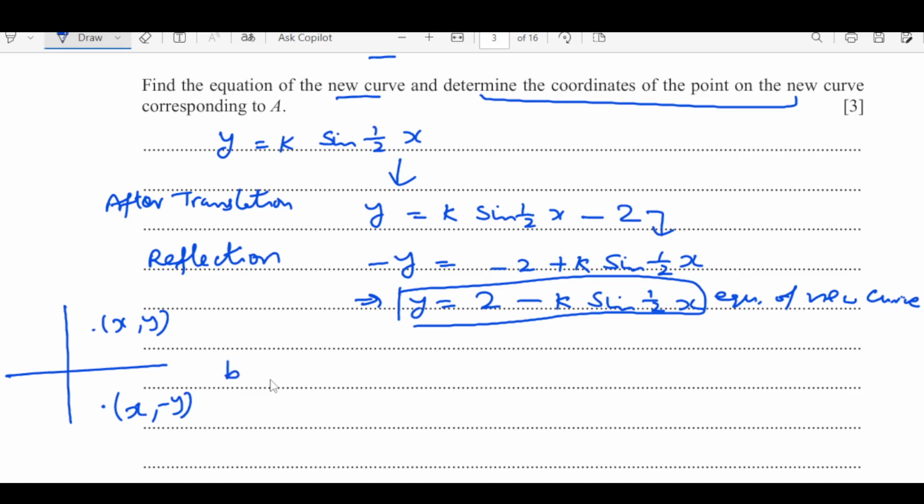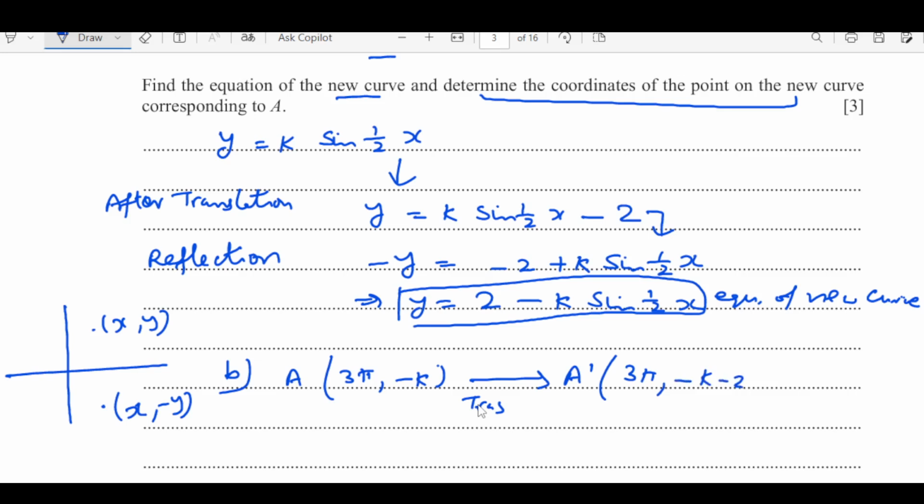So for part B, we had A as 3 pi and minus k. This is going to be translated, and that becomes A dash, which will be 3 pi and minus k minus 2.